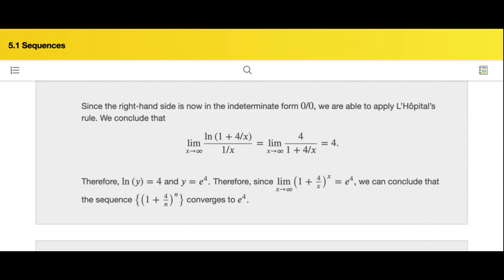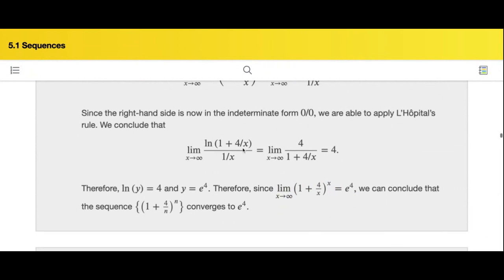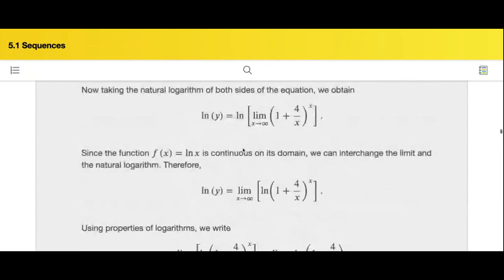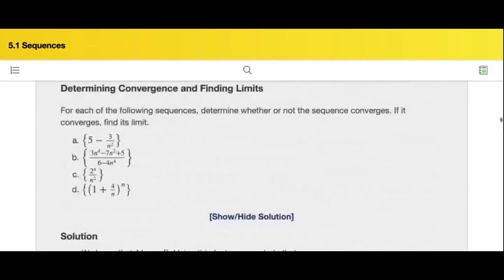Would we have to prove the answer the long way as in this example, or is there a way to deduce it quickly? Well, this is the only way. For this one, for D, that's the only way to deal with it.